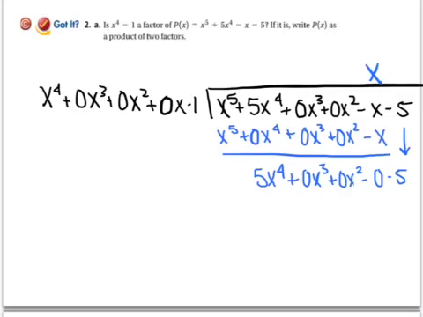Okay, there we go. And then you have to go again, and you have to say, okay, what can I multiply now to get 5x to the 4th? Because this is your value here. These ones right here, negative x minus a negative x. Negative and negative is going to be positive, so that's just going to be a 0.